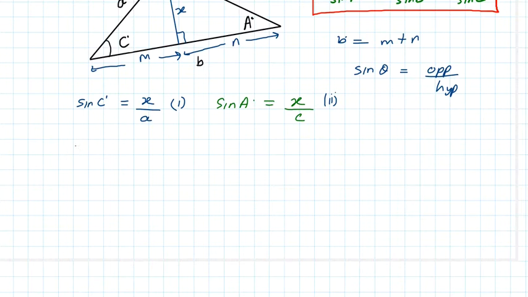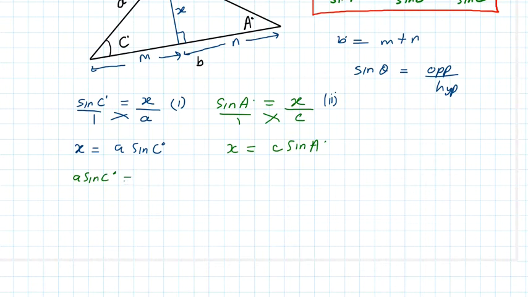For the first one, x is a sine C. If we cross multiply each term here, we will have this, and we do the same for the other equation, and we are left with x equal to c sine A. Since we found something common, we can equate these two expressions. So we now have a sine C equal to c sine A.